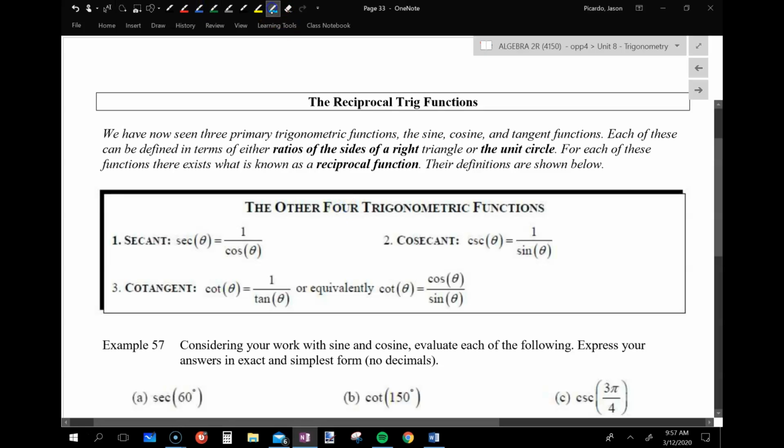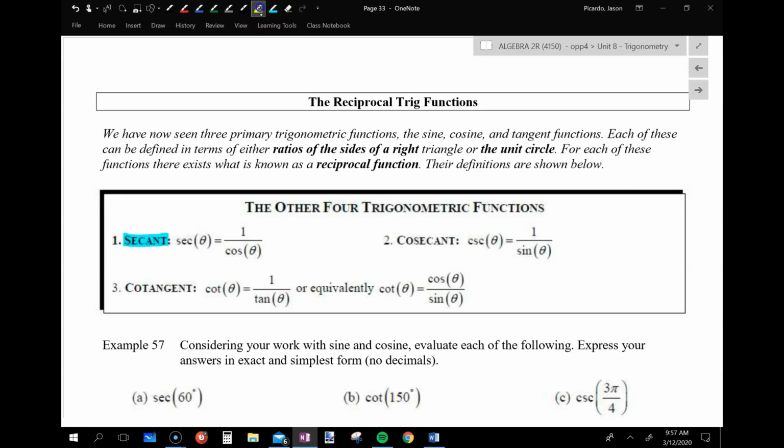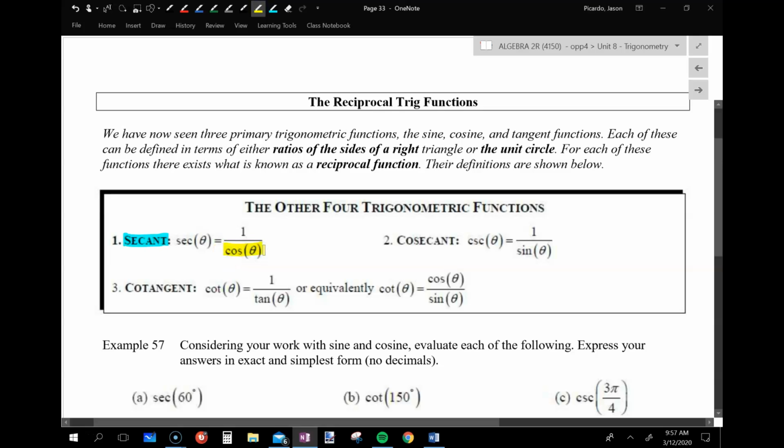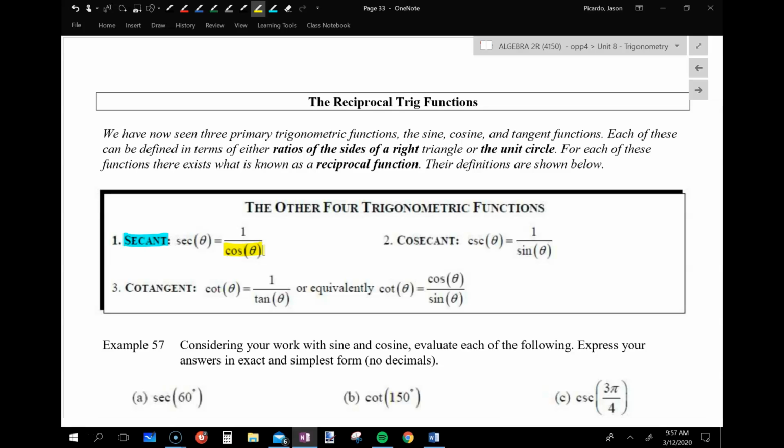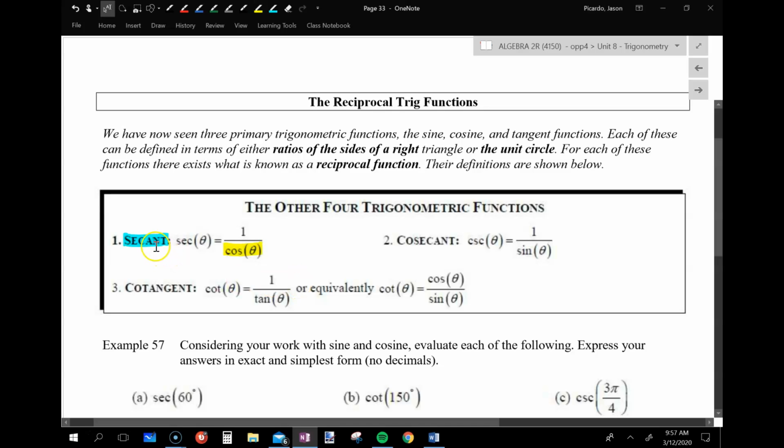Notice something about this, guys. Secant is paired up with which function? See how they are set as a relationship. What is the relationship? Secant equals 1 over cosine. Cosecant equals 1 over sine.